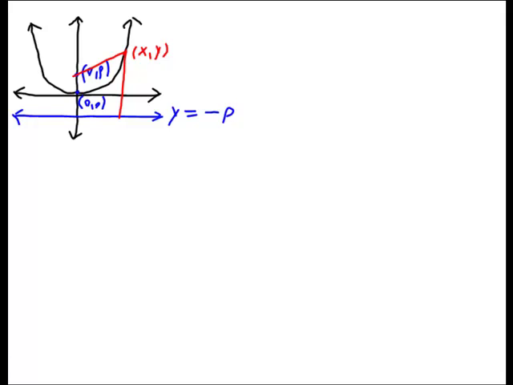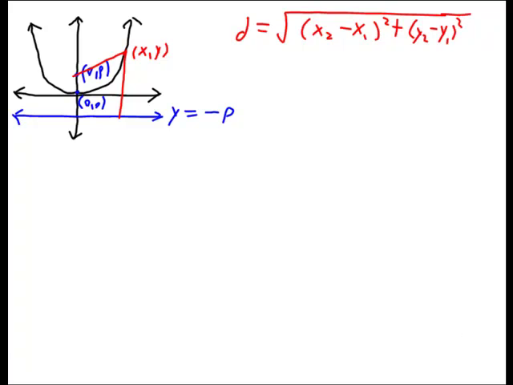So if we want to do that, these two distances are equal. How can we get the distances? That's just our distance formula. Distance is the square root of (x sub 2 minus x sub 1) squared plus (y sub 2 minus y sub 1) squared. So with that in mind, what's the distance of our first line? We'll call it d1.